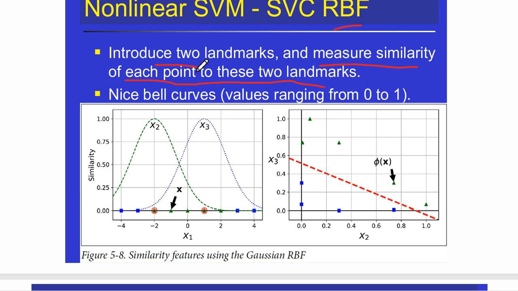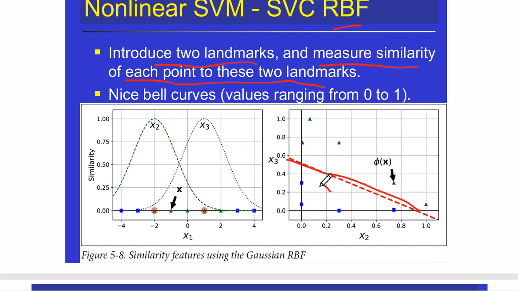That means we have to locate all the similar points near one landmark and the other similar points near another landmark. Then we have to separate them.